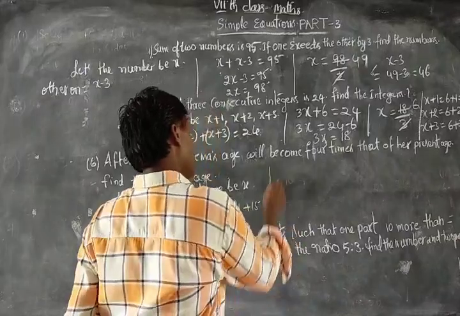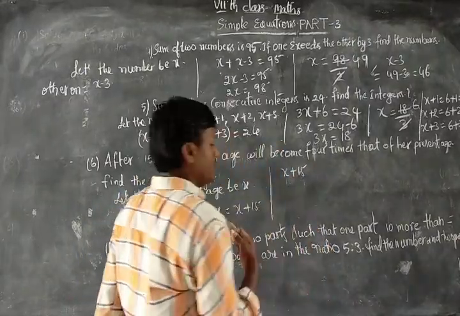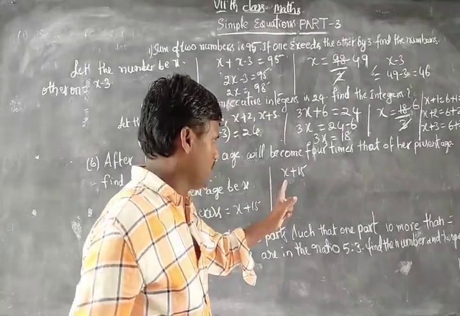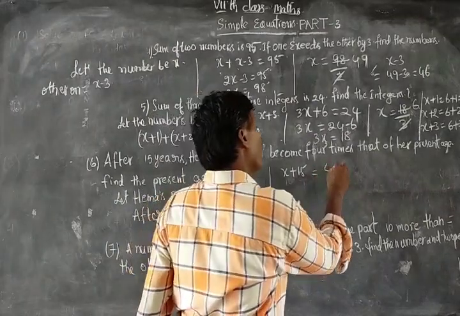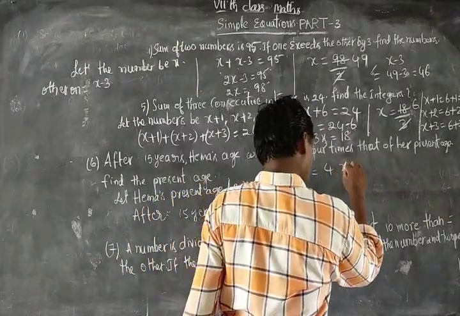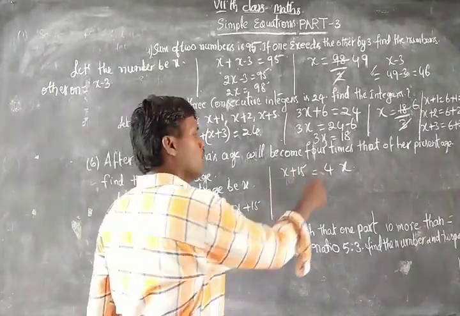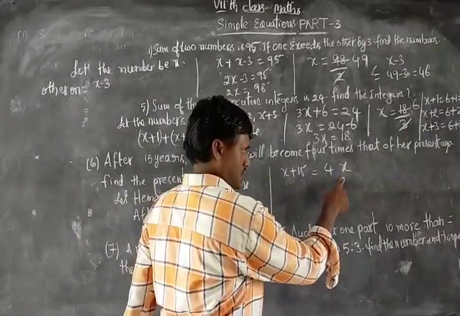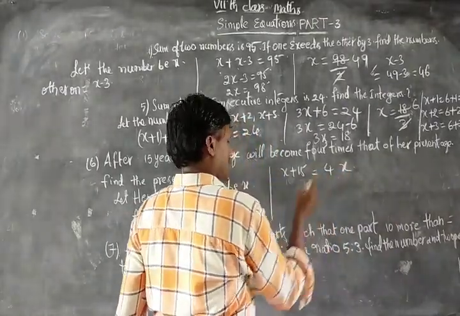So by the problem, x plus 15, her age after 15 years, is equal to 4 times her present age, 4x.